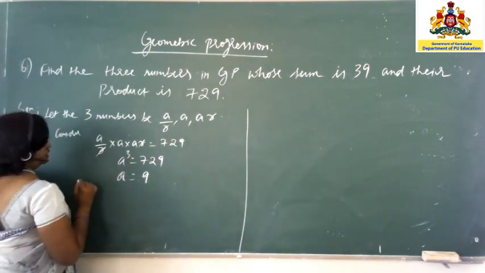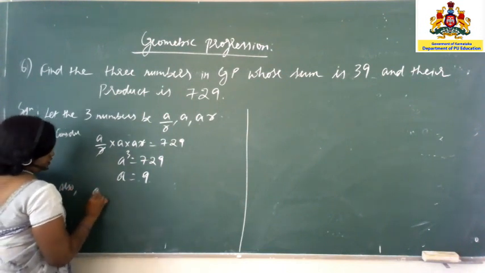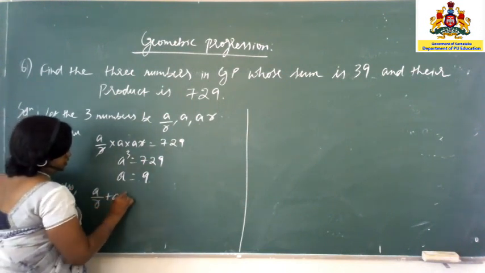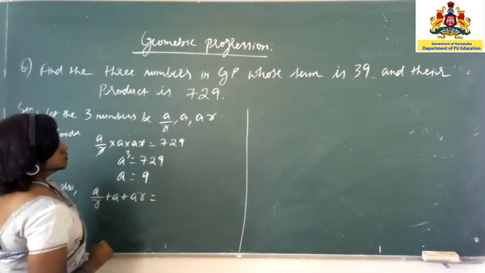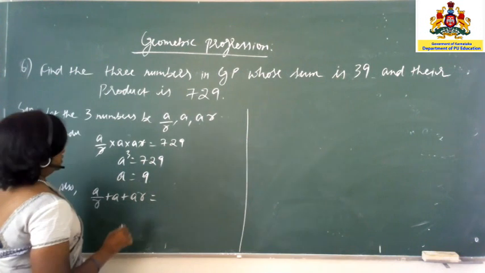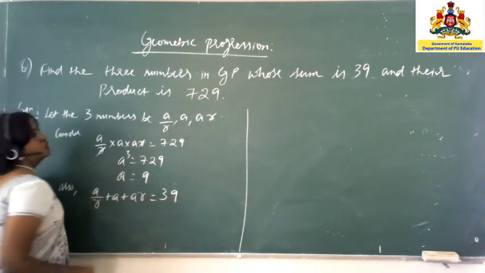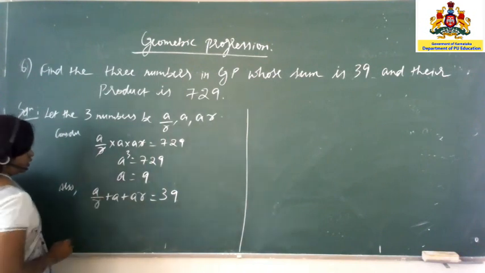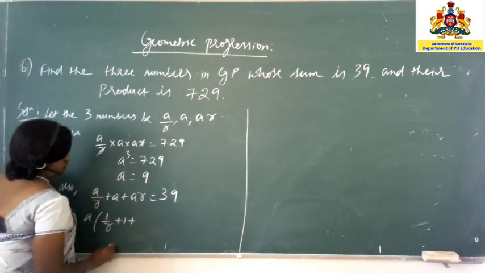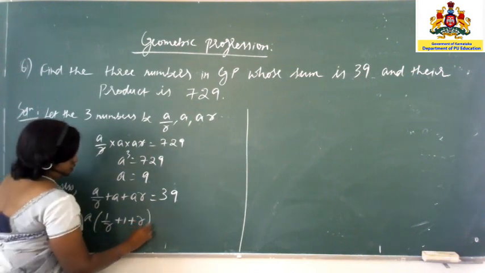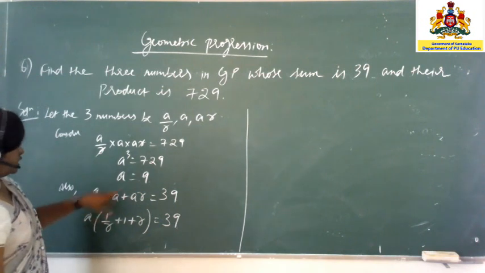So now I'll consider the sum. Sum is 39. A by R plus A plus AR is equal to 39. So A into 1 by R plus 1 plus R is equal to 39. So A is 9.